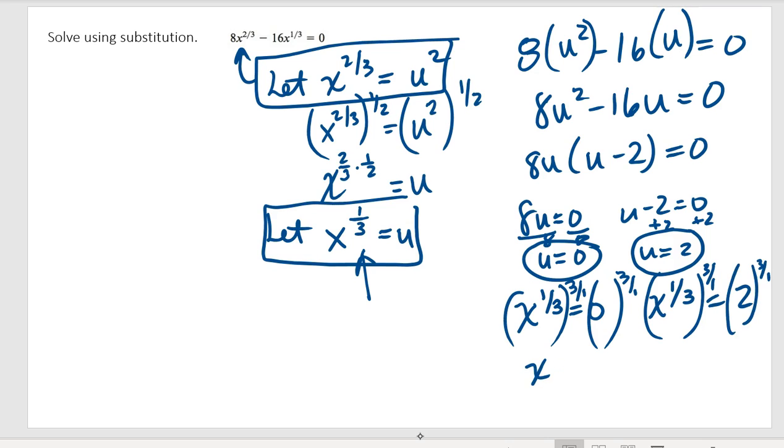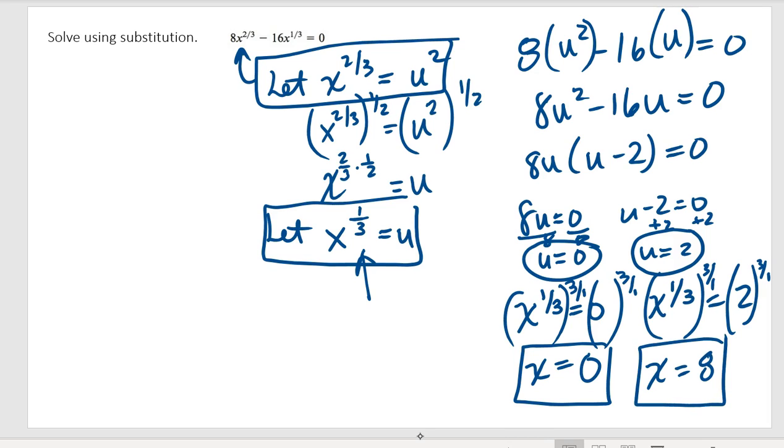So the left would become x, and 0 to any power is 0. And 2 to the 3rd power is 8. So our two solutions we think we have are 0 and 8, but we have to check them.